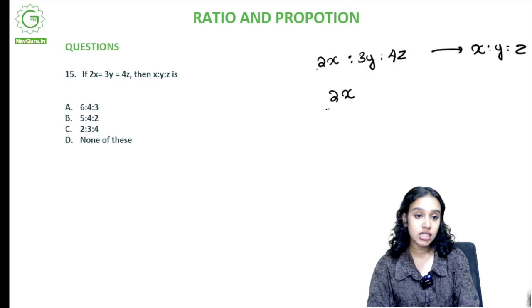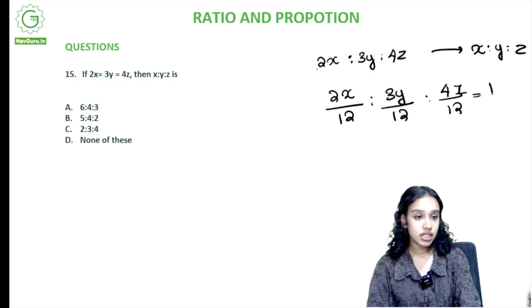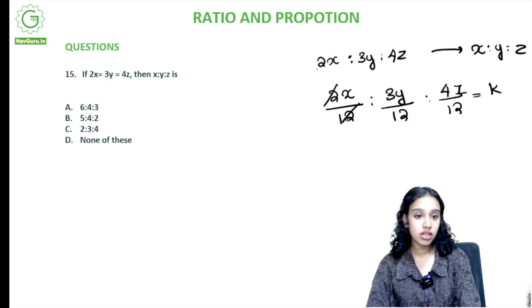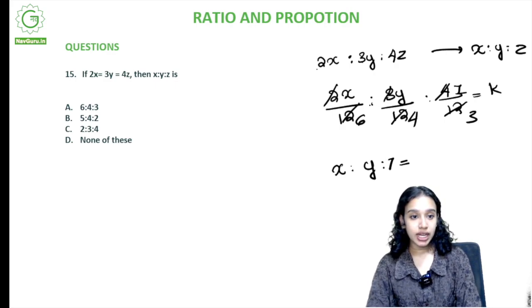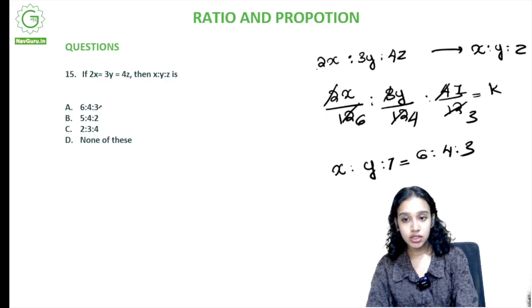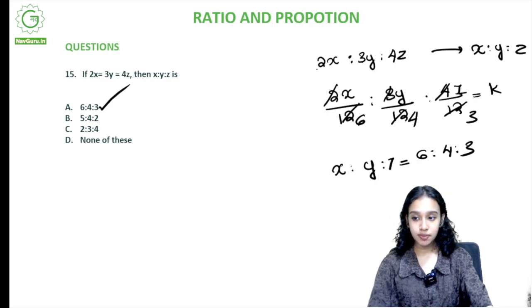Because 2x by 12 is to 3y by 12 is to 4z by 12. We get a constant here anyway, right? So, we cancel this out. We get 6, 4, 3. So, x is to y is to z is equal to 6 is to 4 is to 3. So the answer is 6 is to 4 is to 3.